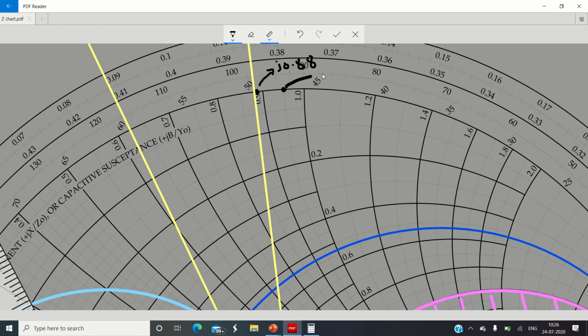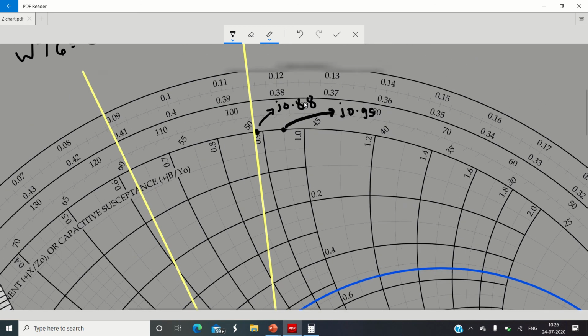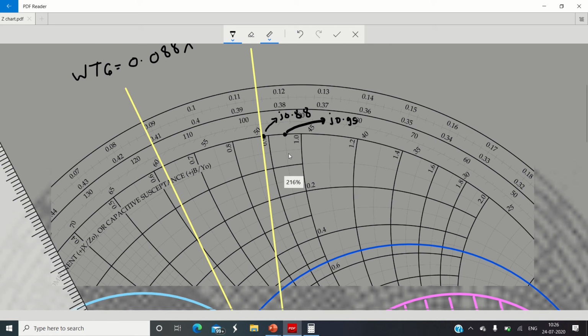I will write it over here: it is j 0.95 positive, right? Now you join this particular point with the center of the Smith chart and extend the line and read WTG.